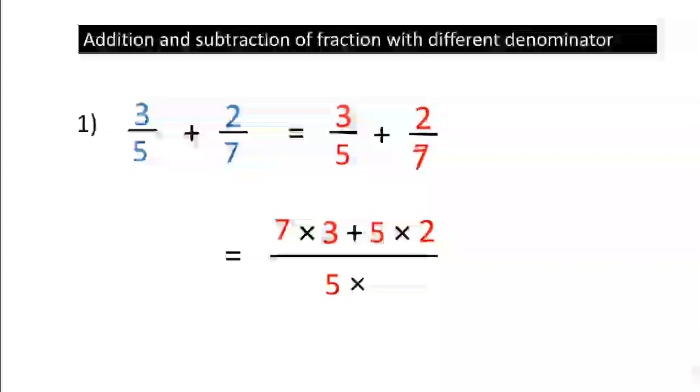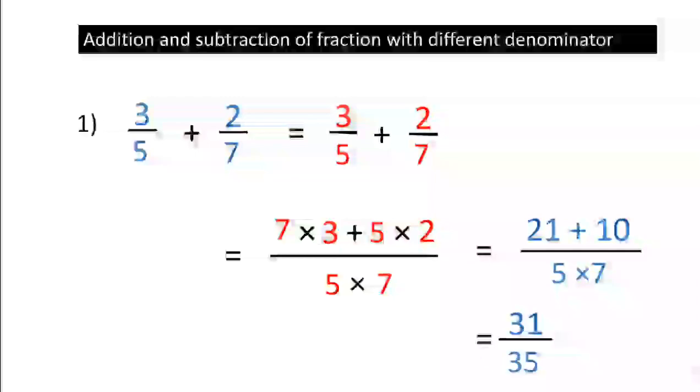This is the method. 7 into 3 is 21 plus 5 into 2 is 10 by 35. 21 plus 10, 31 by 35. No common number between these two numbers. So 31 by 35 is the answer.